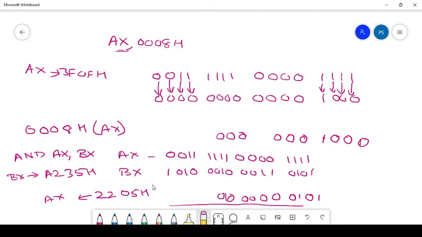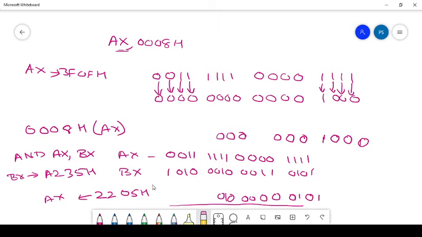I'm going for the same example. Okay, so now we'll go for another example, that is OR AX comma 008H.